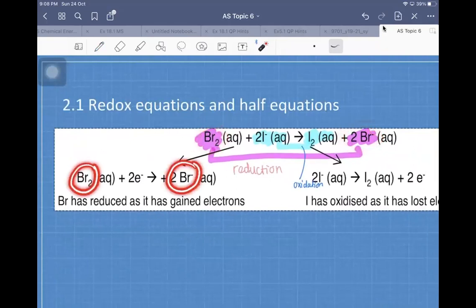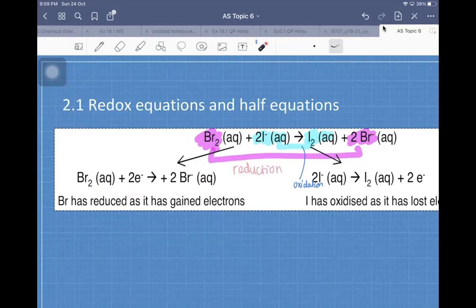Bromine and bromide, okay? Then you suddenly have these electrons. I will teach you later on why these electrons are suddenly here. The reason for this is, of course, there's no other reason except to balance your half equation. Even though it's half an equation, it also needs to be balanced, okay?